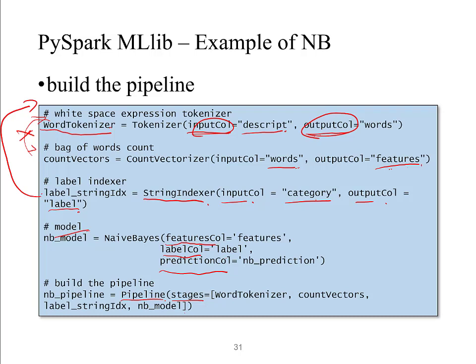So there is actually a topological order between these transformers and estimators. They do have a relationship, or you can actually draw a DAG of these stages. So the order of the stages should be the topological order on that DAG.